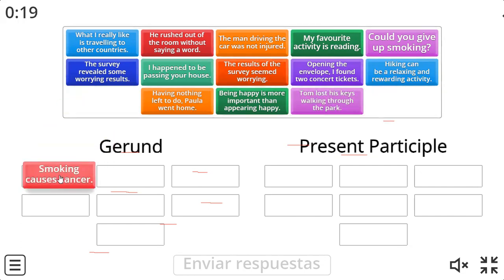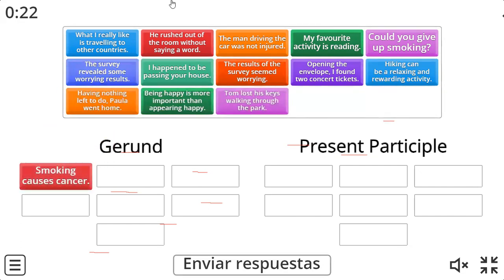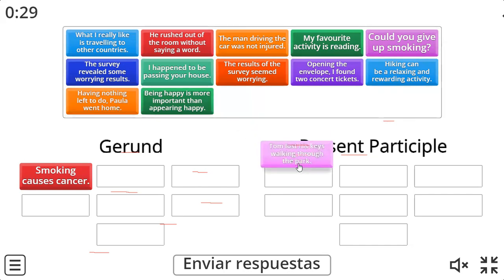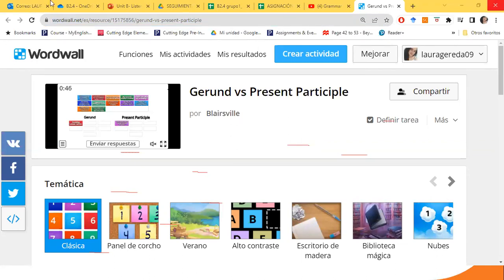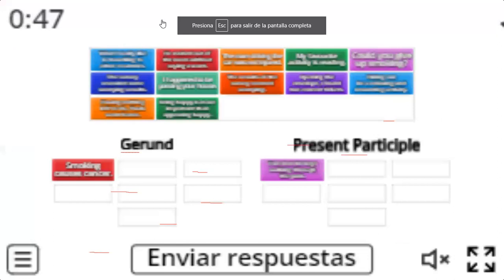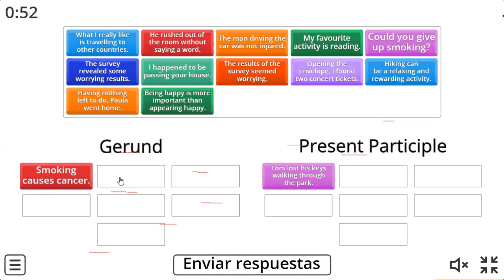This is a gerund, acting like the noun of the sentence. And then, Tom lost his keys walking through the park. This is a participle, referring to the verb, to the action, okay? So you can do the others, gerund or participle. Please go to the link and complete the activity. Let me know when you are ready. When you finish, share your scores on the chat.